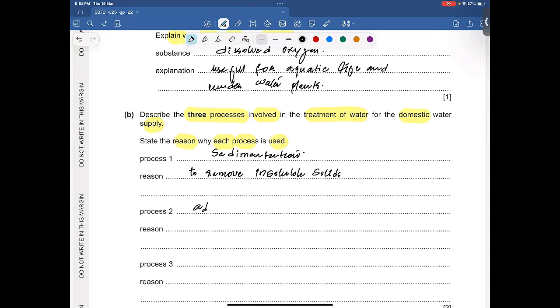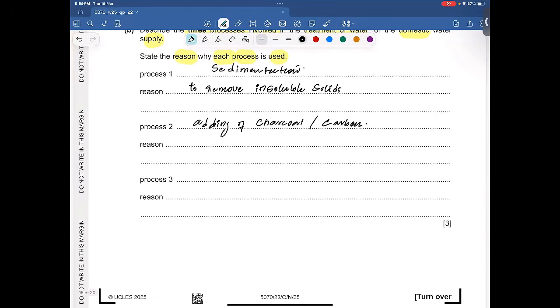Process 2, addition of carbon or charcoal, to remove bad taste and odor.